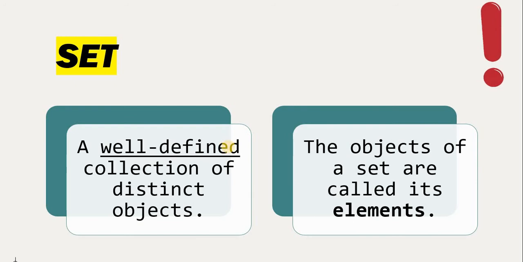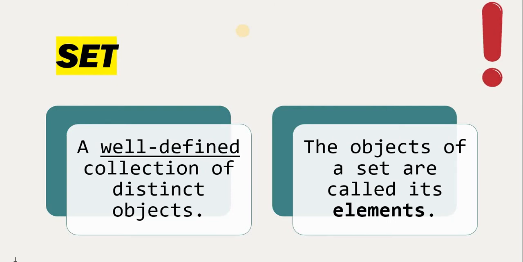Okay, now let's define set. Set is a well-defined collection of distinct objects. Tandaan, well-defined collection. Ibig sabihin, specific, exact. Okay? So kung for example, ang tinutukoy ko na set ay set of students of grade 7 Nizar academic year 2021 to 2022.